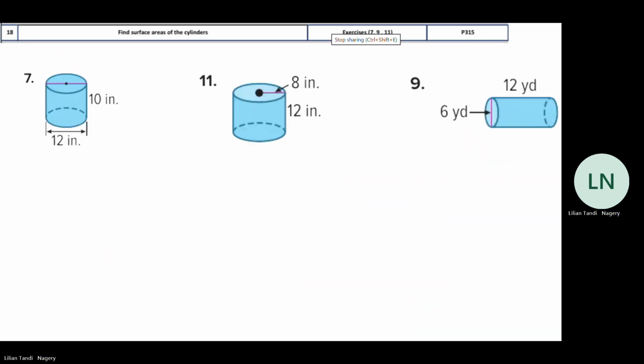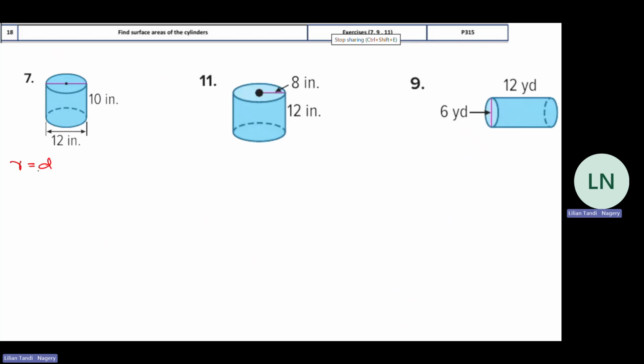Now we want to find the surface area. I don't have the radius, so I need to find the radius.